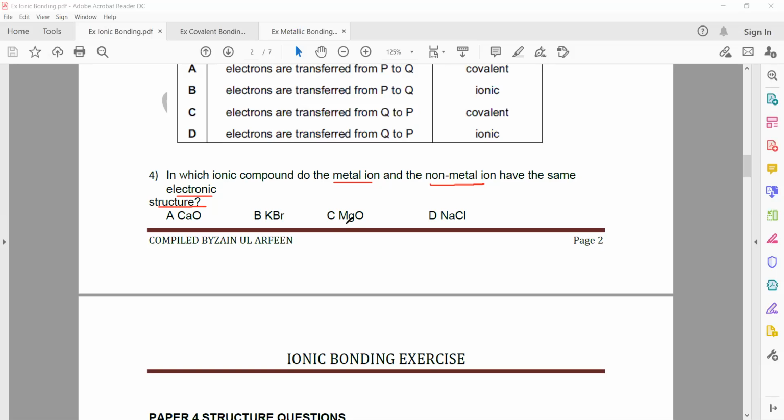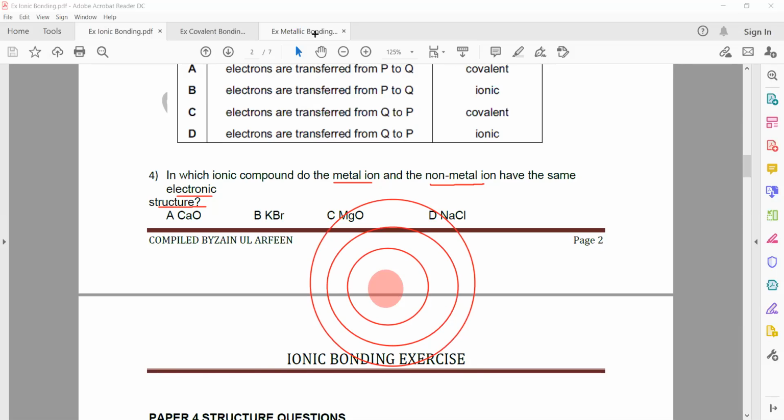So when you draw magnesium, this is magnesium. Magnesium contains 12 electrons. So the first shell will have 2, the second shell will have 8, and the third shell will have 2.